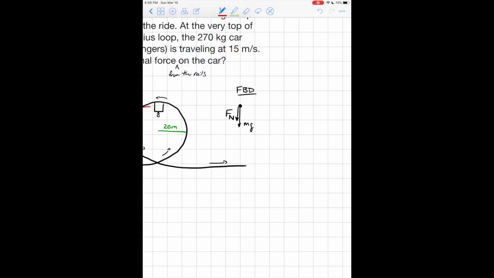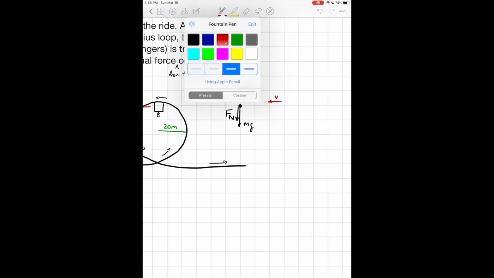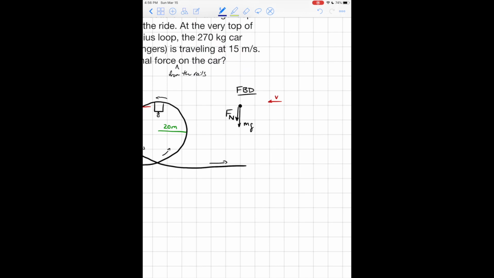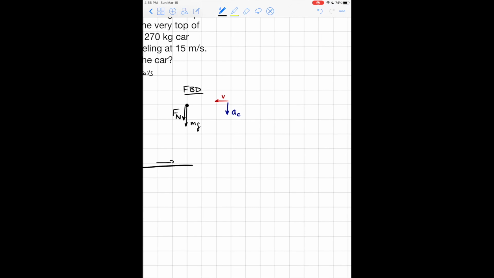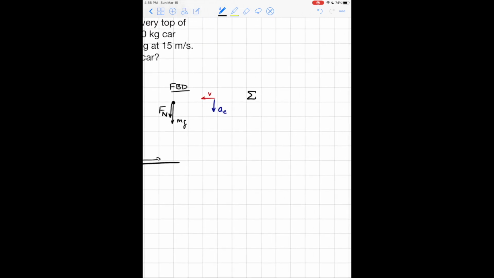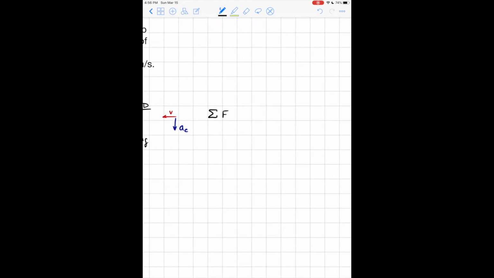So right now, we know a couple things. We know our velocity, we'll write that over to the side here, is this way. And then the net acceleration here needs to be centripetal. I need to stay in this loop. And so I know that I need to have a net acceleration down, centripetally. So if I think about the sum of my forces, we can take a snapshot and think about it actually just in x and y.